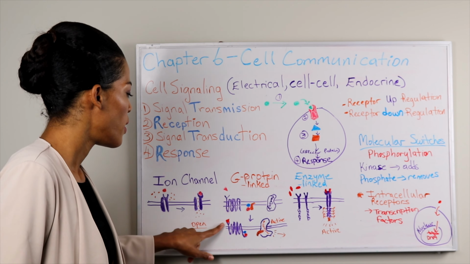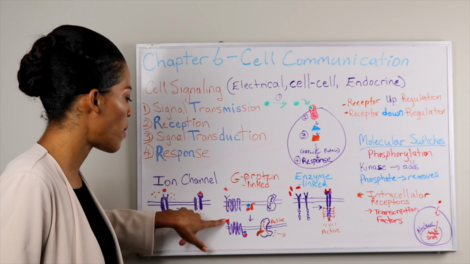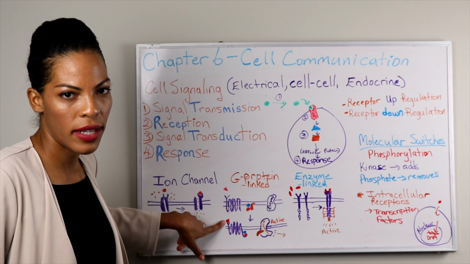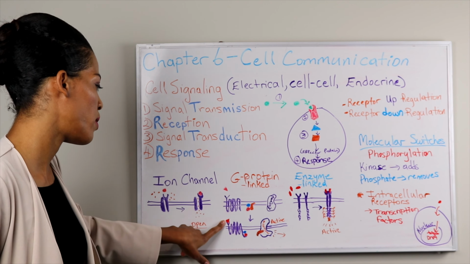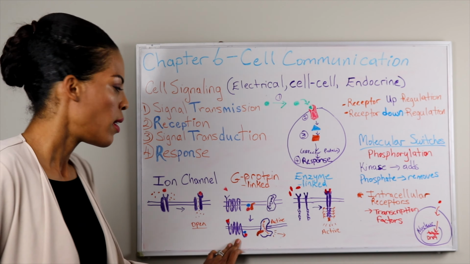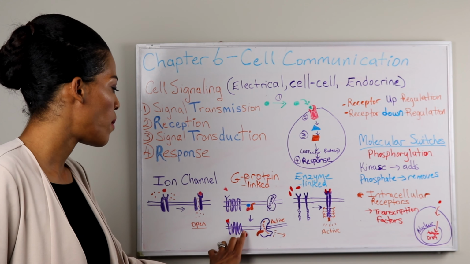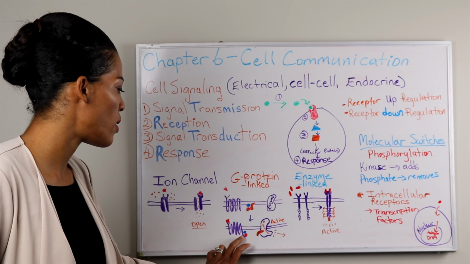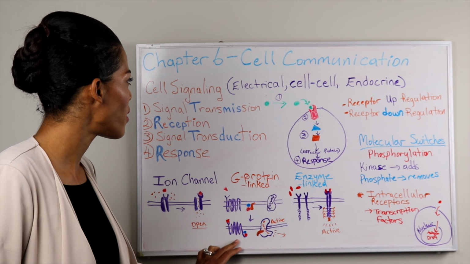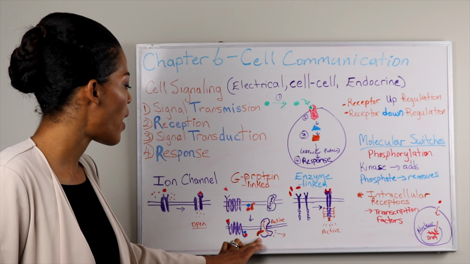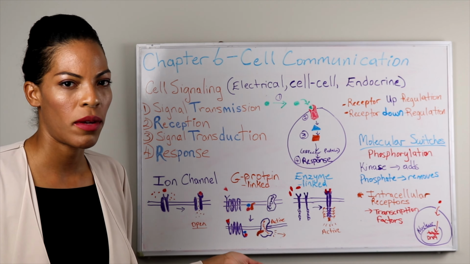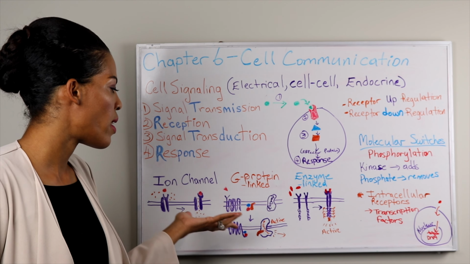And so down here, this is when you have the receptor bound to the signal molecule, the little red triangle here. And once it's bound, you could see some changes that took place. So 2 of these subunits, usually the beta and gamma subunits, they come over here and bind to the receptor. That's when it's activated. And then you have the alpha subunit that goes and interacts with some other protein like an enzyme.